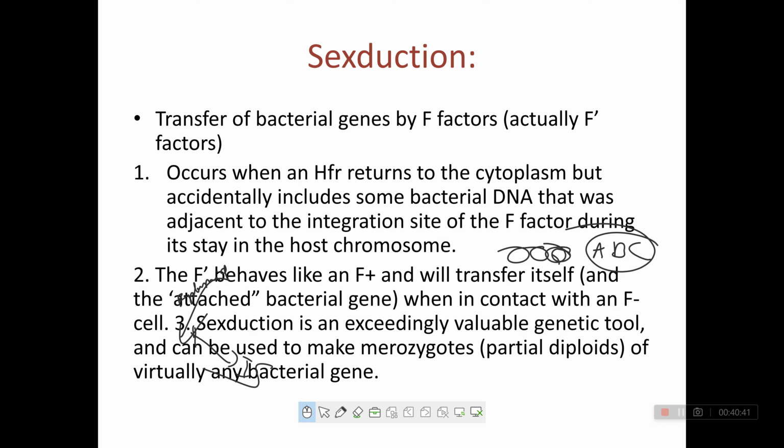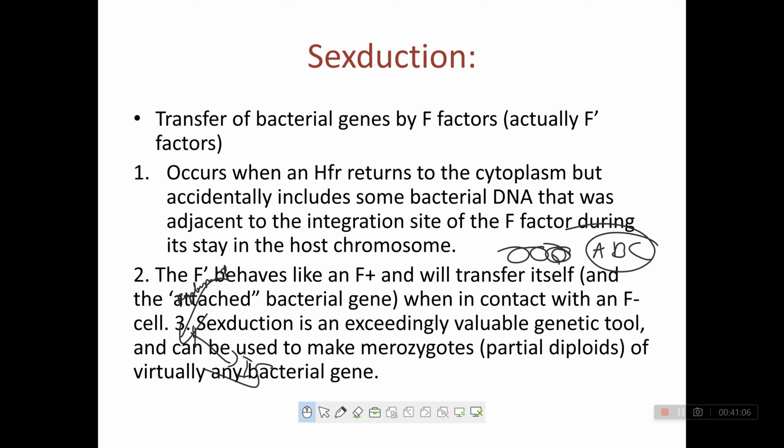Another is sex reduction. Transfer of a bacterial gene by an F factor is known as sex reduction. It occurs when an HFR returns to the cytoplasm but accidentally includes some bacterial DNA that was adjacent to the integration site of the F factor during its stay in the host chromosome.